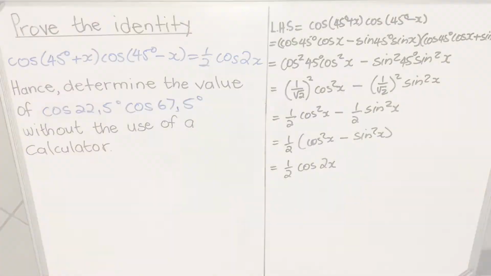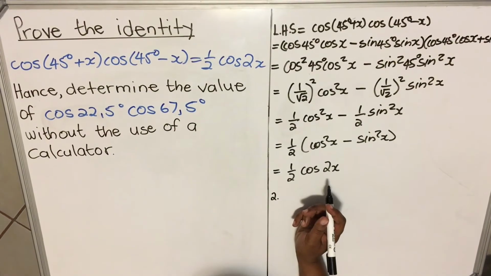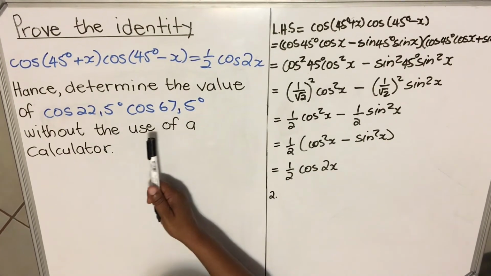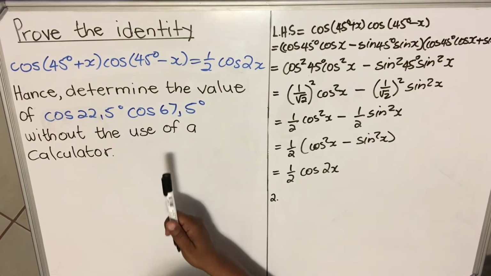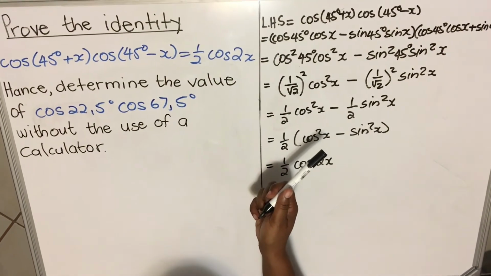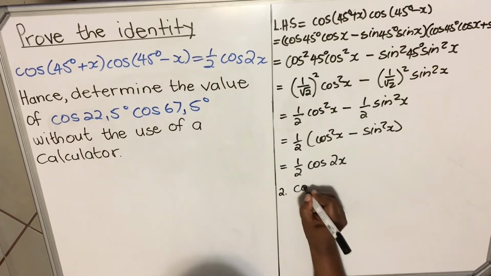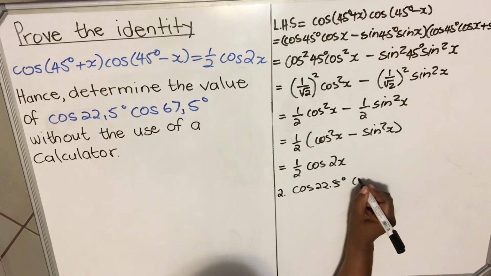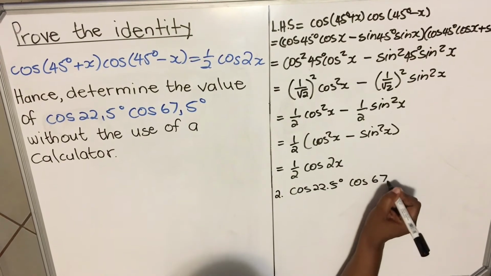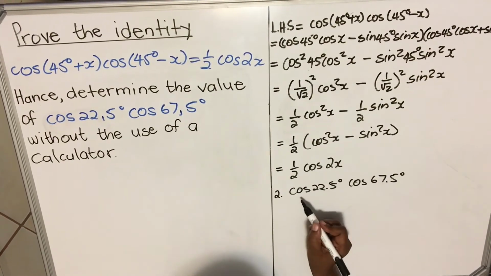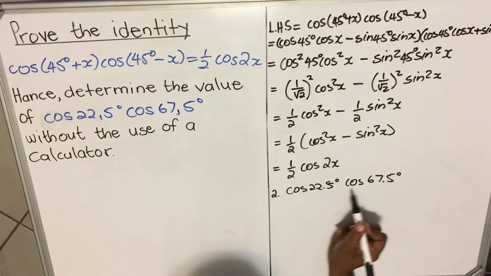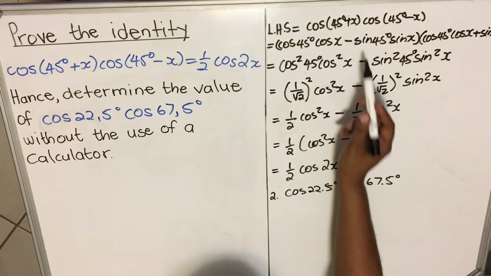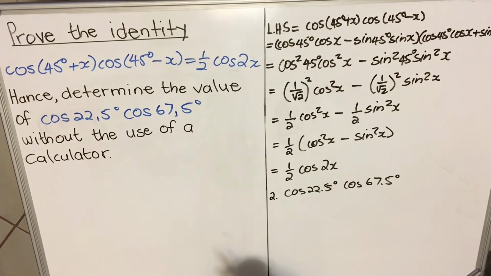Okay, let's do the second part, number 2. The question says, hence determine the value of cos 22.5 cos 67.5. When they say hence, they say use the answer that you have done before. They say I must use the information that I used here, so it means I must have a 45 somewhere.